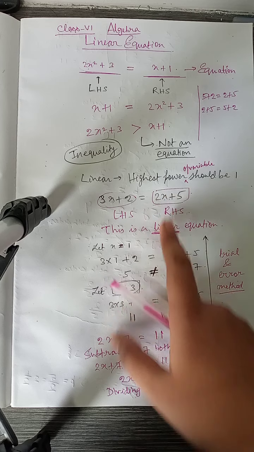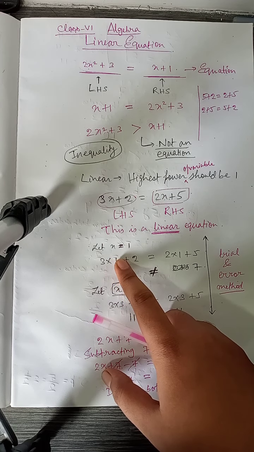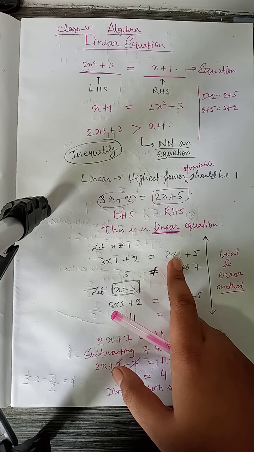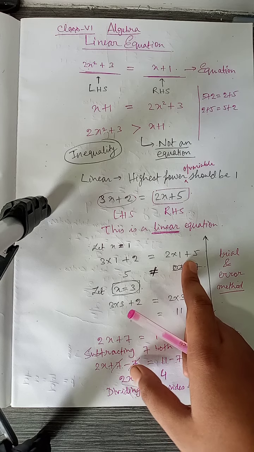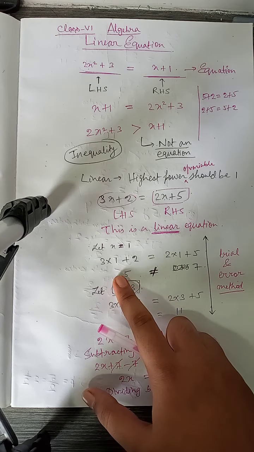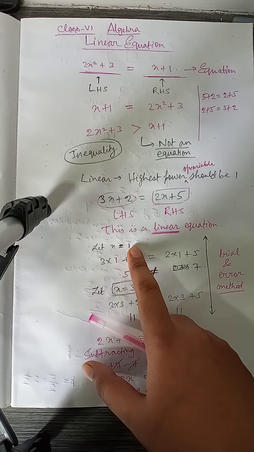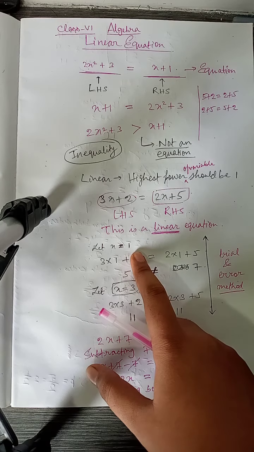In place of x we have put 1. So 3 into 1 is 3 plus 2 is 5, and 2 into 1 is 2 plus 5 is 7. So 5 is not equal to 7, that means the value of x cannot be 1.